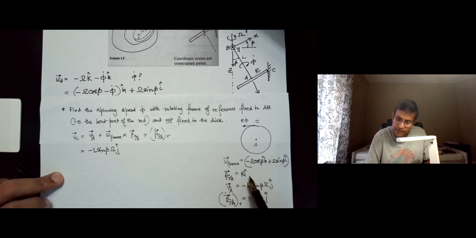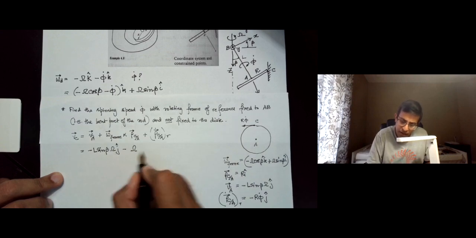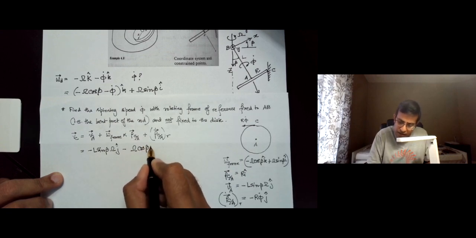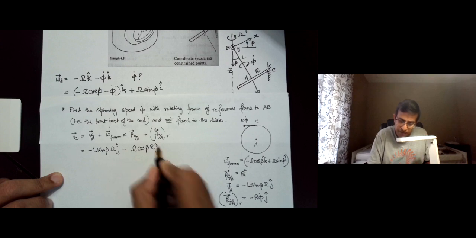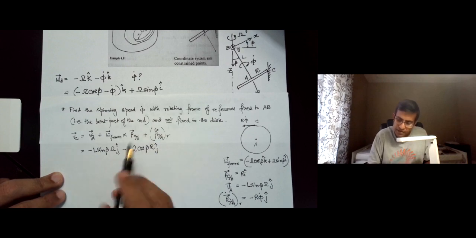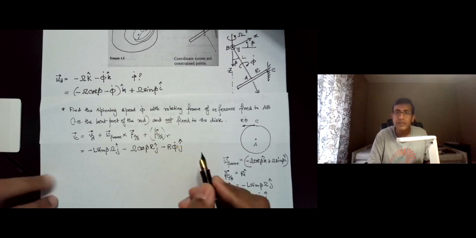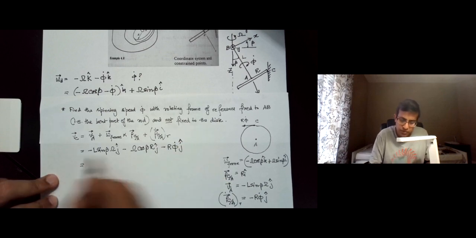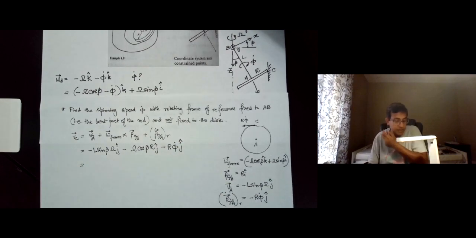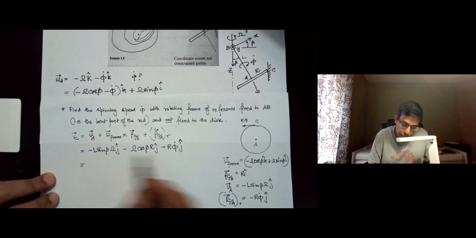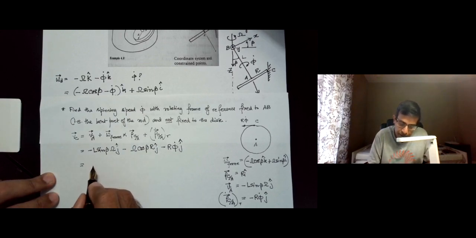Well, i cross i is 0, so k cross i is j, so we will have negative omega cosine beta capital R j, and then the last term is negative R phi dot j. And if we combine these, we see that all of these components are in the j direction.